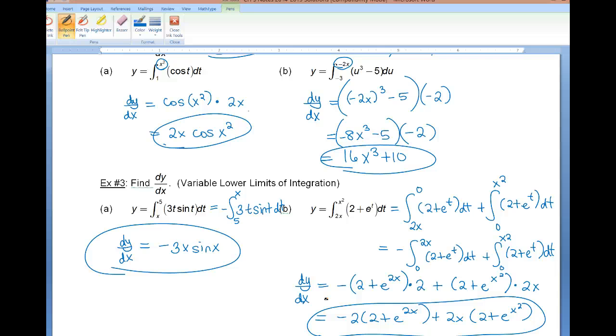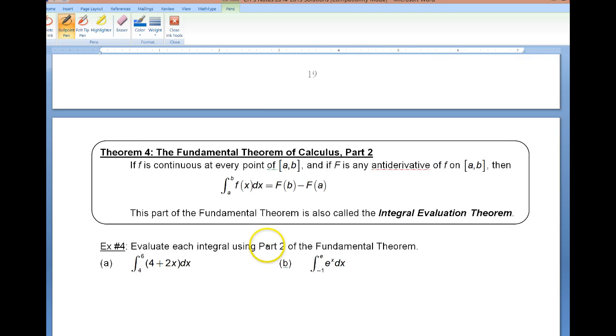So we have -2x to the 4th over 4 minus 5 times -2x, and then minus the same thing evaluated at -3. But remember, in the end, I'm going to end up just doing the derivative. Do you see it now? Okay. Let's go to the next page.